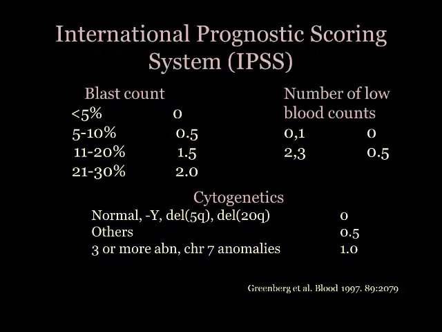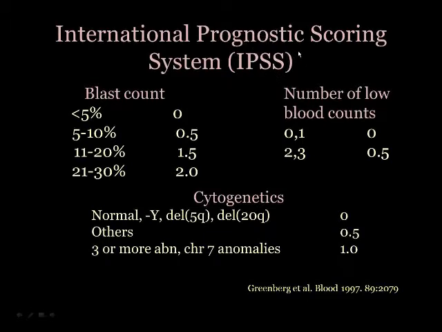In order to try and improve our ability to work out what the risk is of myelodysplasia progressing, and as I said before, it can either progress by causing lower blood counts or by turning to an acute leukemia, there's different systems that are used to look at that. So this is the one that's been around for ages.